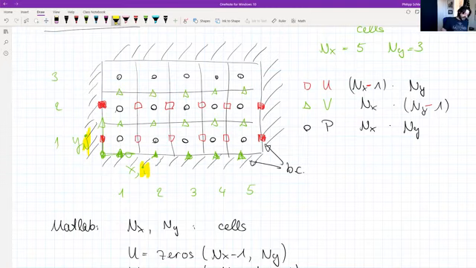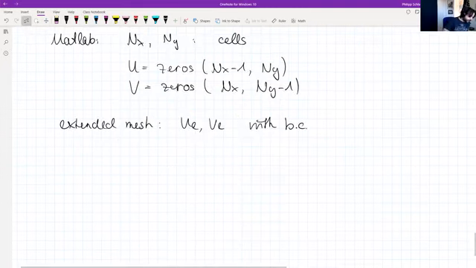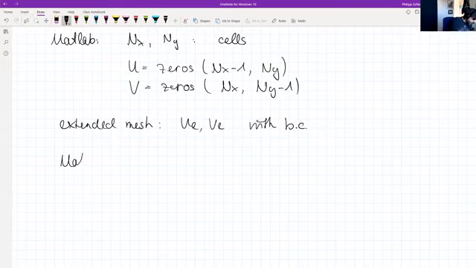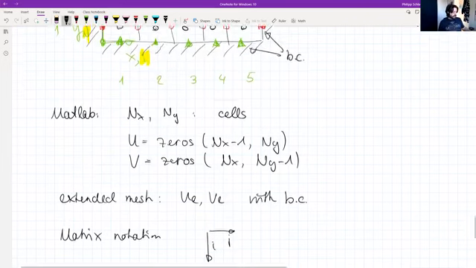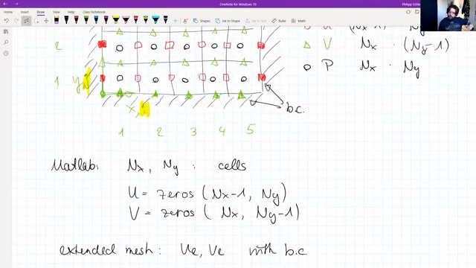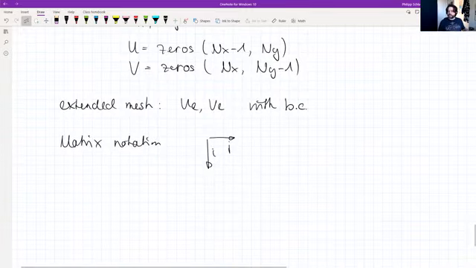Now, the standard matrix notation is, of course, that i would vary like this, and j would vary like that. So the first index in a matrix would always go down, and the second one would go to the right. That means if you want to get the physical correspondence between the matrix and the coordinates, you would actually need to consider the transpose of the matrix.